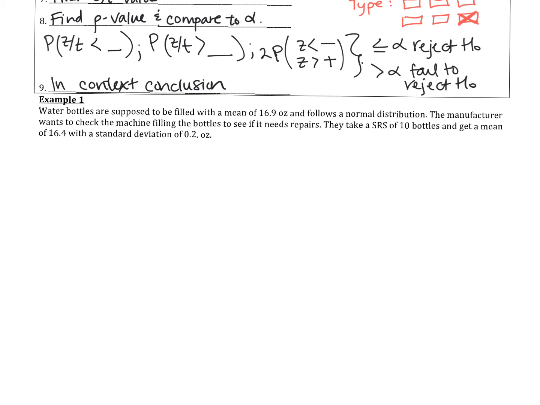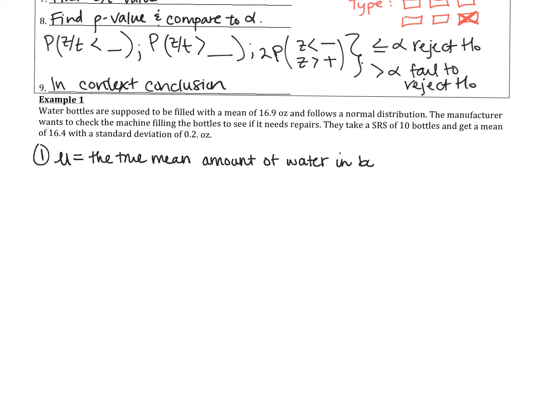First things first, let's define our parameter, which is mu. And this is the true mean. And then I ask myself what? And in this case, it's amount of water being filled into the bottles, but I'm not writing all that.